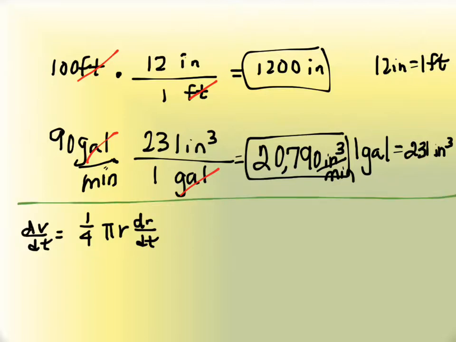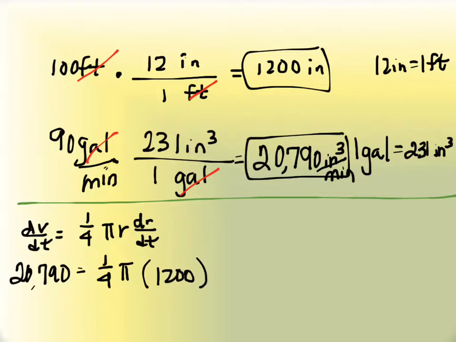All right, everybody good so far? What was dV/dt? 20,790. 1/4 pi, r, 1/4 pi. What's r? 1,200. And dr/dt is exactly what I was looking for.